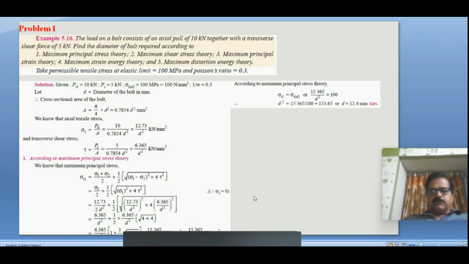By substituting these values, we got the diameter as 12.4 mm. This is by maximum principal stress theory.